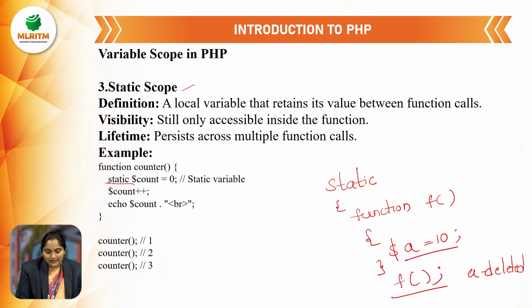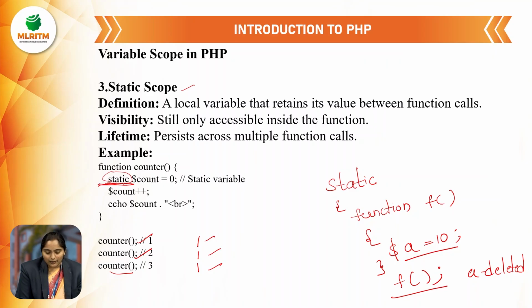See, without using this static keyword, the count value is 1 the first time, and whenever calling the counter function for the second time, the count value is 1 only. And for the third time, the value is 1 only. Why? Because without the static keyword, the count variable gets deleted after every function execution. So you'll get 1 every time.